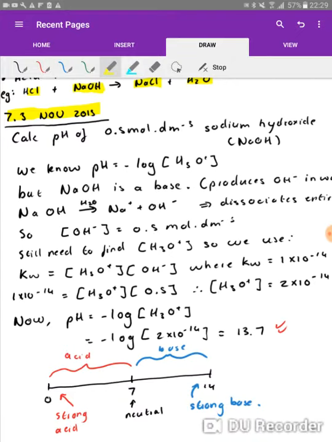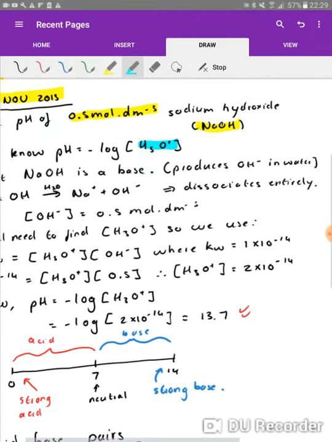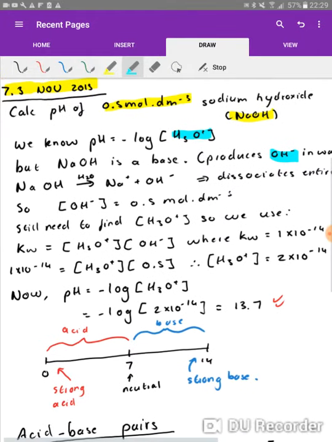Then 7.3 in November 2015, there was a question: calculate the pH of 0.5 mole per dm cubed of sodium hydroxide. We know that pH is equal to negative log of H3O plus. But NaOH is a base which produces hydroxide in water. So NaOH plus water gives us Na plus and OH minus.